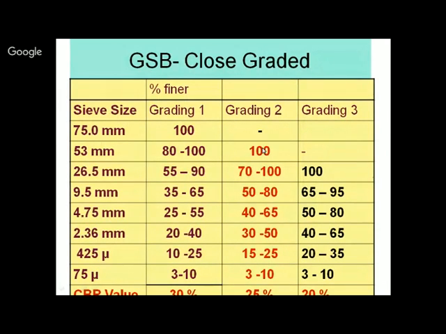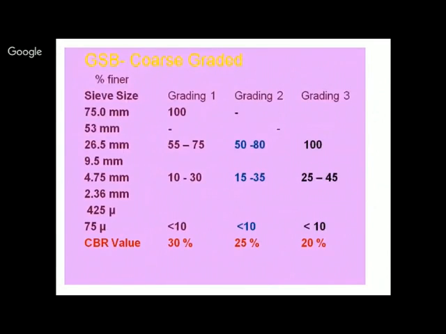Now in practical consideration, these gradings are very difficult to be made available if we are looking for the natural resources. I'm coming back to the sources slightly later. Let us see the other grading, which is termed as coarse graded. So we have the same sieve sizes, but now the values are specified only for 3 or 4 sieve sizes.